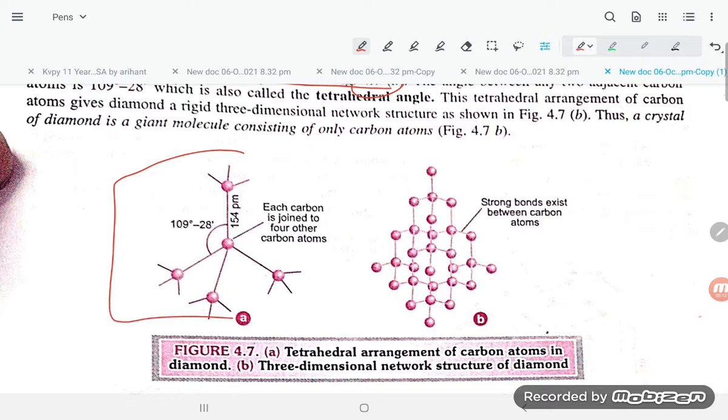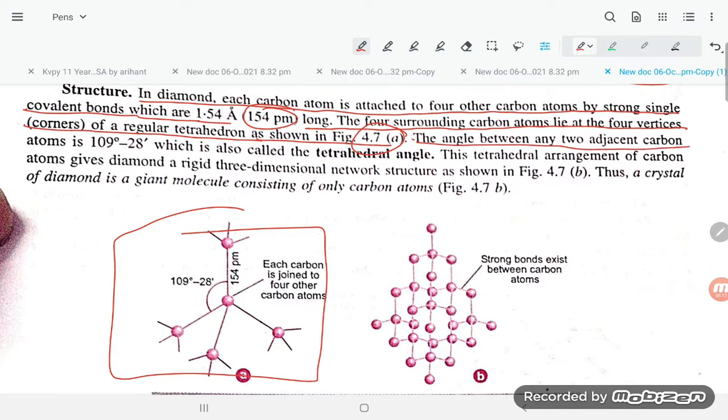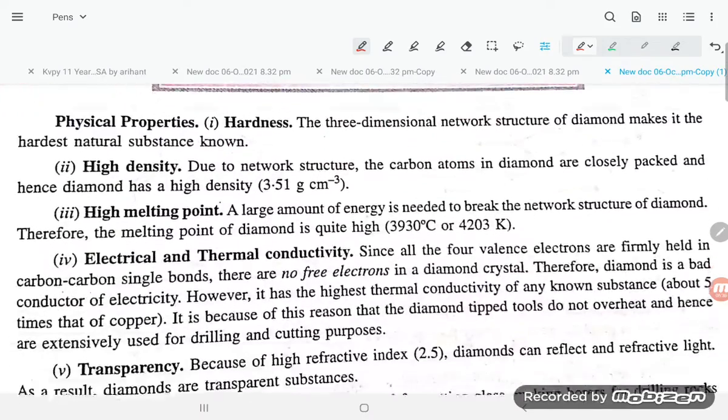The angle between any two adjacent bonds is 109.28 degrees, which is also called the tetrahedral angle. This tetrahedral arrangement gives diamond a rigid three-dimensional network structure. Thus, a crystal of diamond is a giant molecule consisting of only carbon atoms.